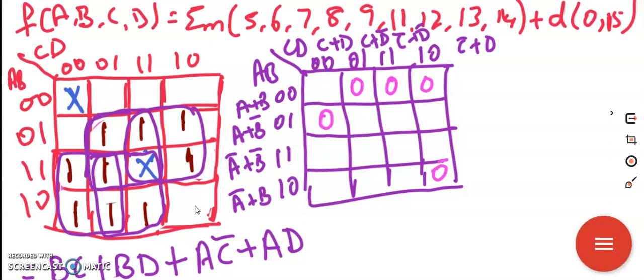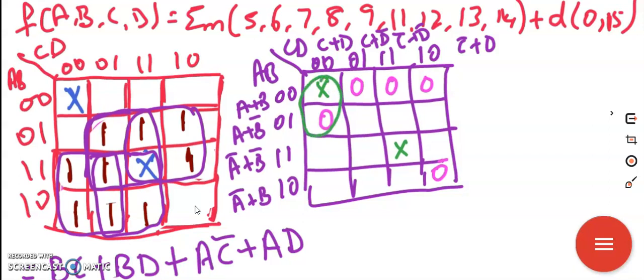Now if I want to make this 0 into a group, I can't miss out this don't care, it should be added here. If I want to group this 0, the best option is this pair. So I'll make this pair.